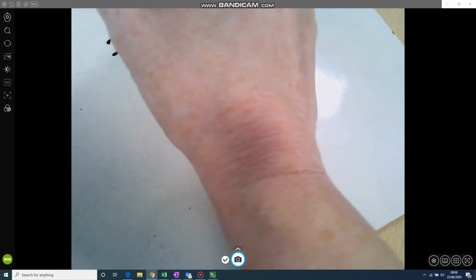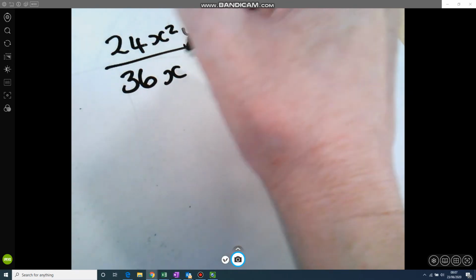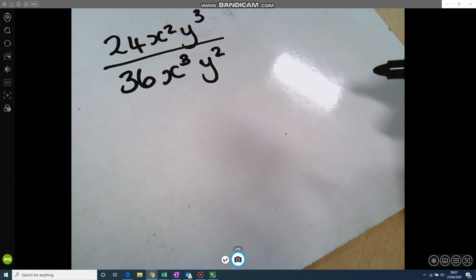24x squared y cubed divided by 36x cubed y squared. Okay, let's write this one out.